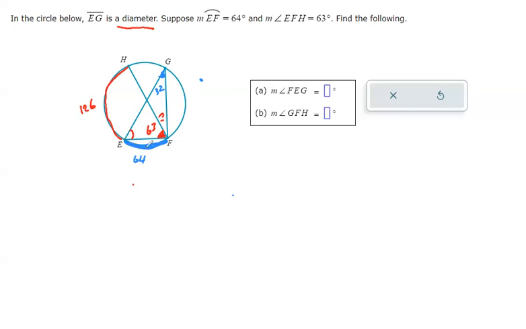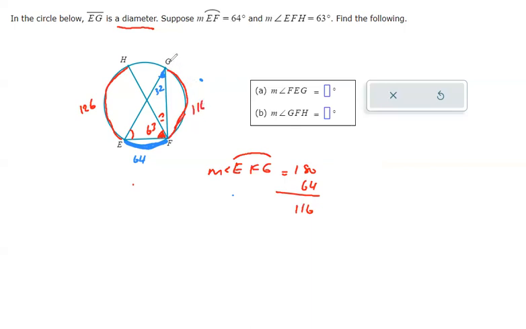That means the arc measure of EFG is going to be 180 degrees. So if you start from E all the way to F to G, that's 180 degrees. But we know EF is 64. So if I subtract 64 from 180, you will get 116 for this piece. So that arc will be 116.